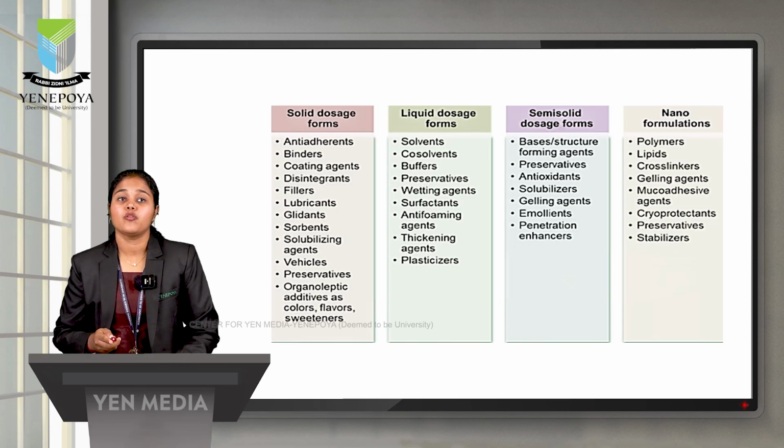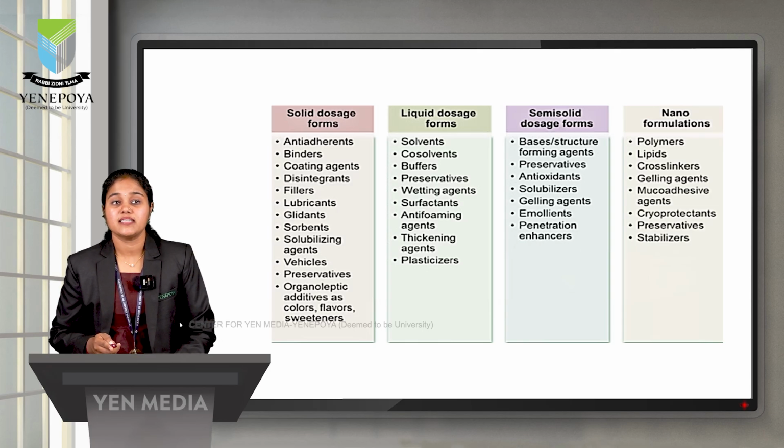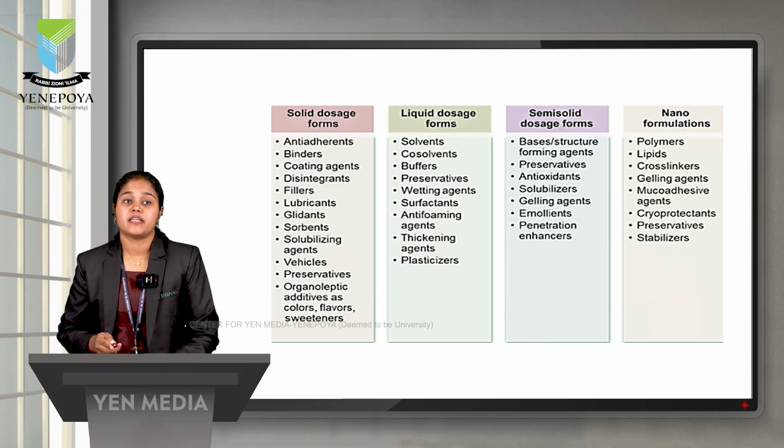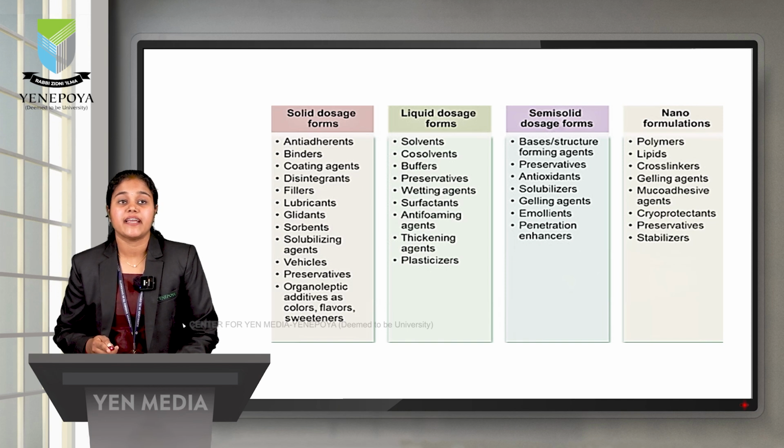Other than that, there will be some excipients. What excipients come under solid dosage form? Other than the API: anti-adherents, binders, coating agents, disintegrants, fillers whenever required, lubricants, glidants, etc. These are the excipients other than the API.